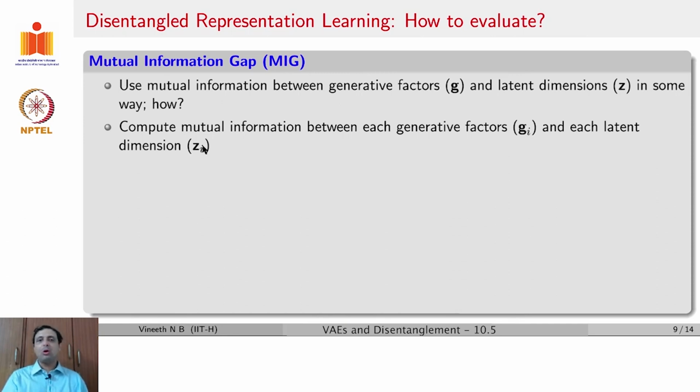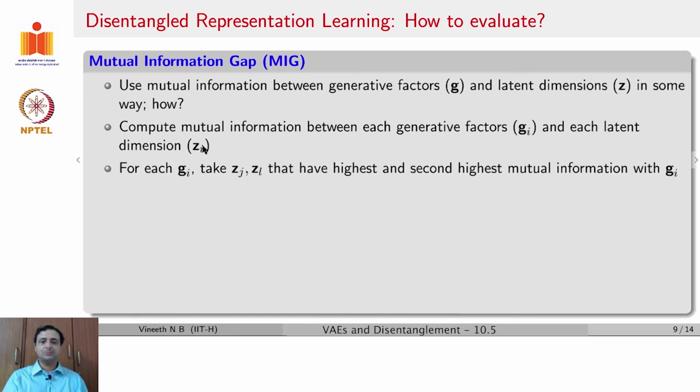What do we do with all of these mutual information values? For each generative factor Gi, consider the latent factors that have the top two mutual information values. Let's call them zj and zl.